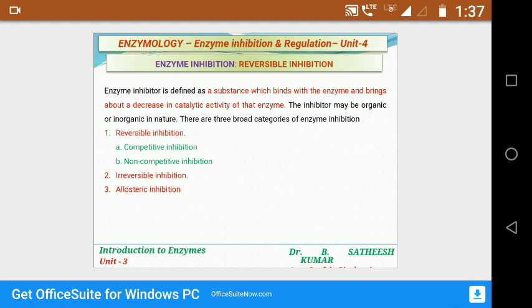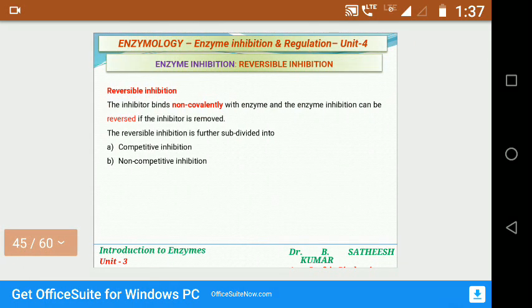So this is called reversible inhibition. It binds for some time, and when we change the conditions, it is also released from the enzyme. That is why it is called reversible enzyme inhibition.